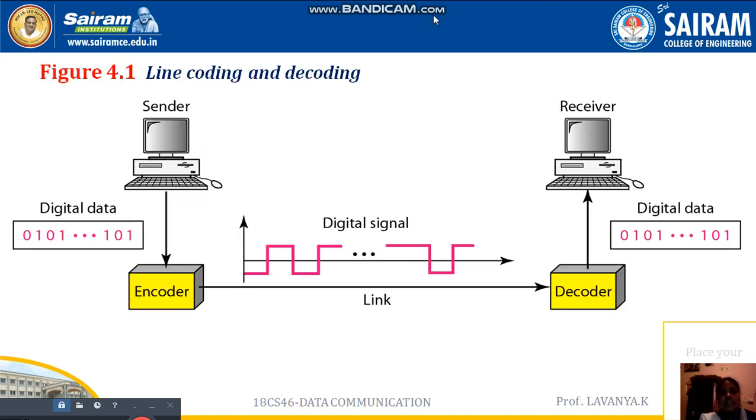This is the figure we use for digital to digital conversion. This is also one of the line coding. I told you that line coding is very important in digital to digital conversion. Look at this diagram. Here we have a sender and a receiver. On the sender side, the digital data is encoded.